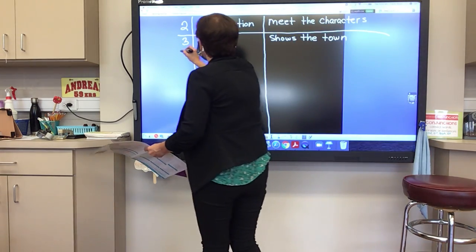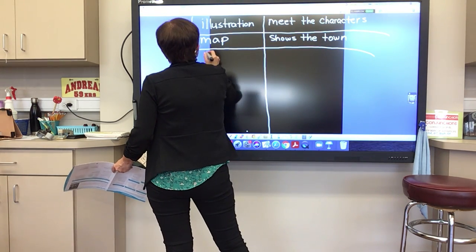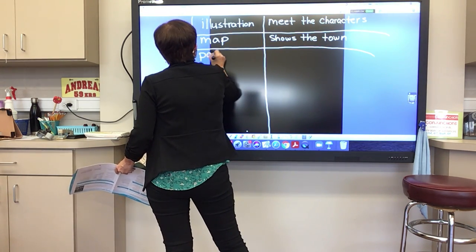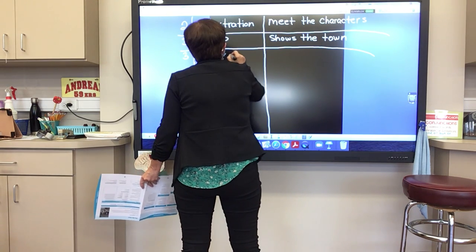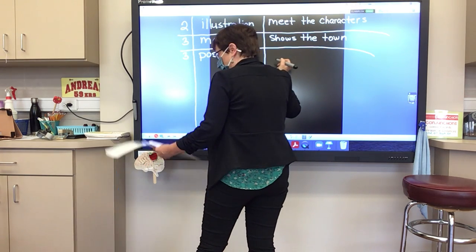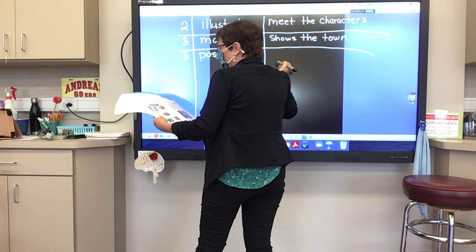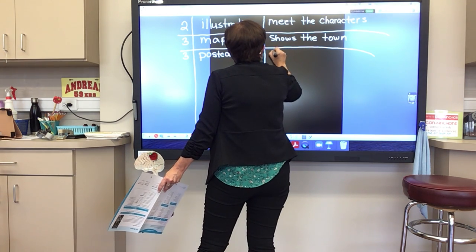So we could put the postcard, and that is from the author. Note from author.